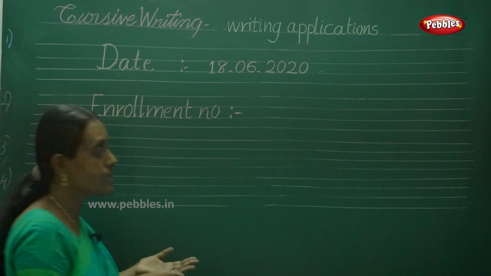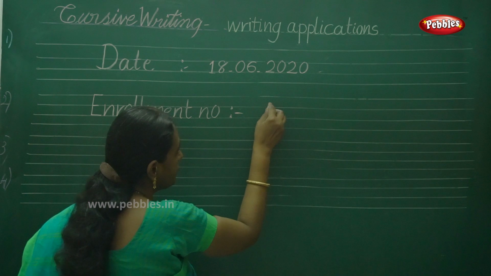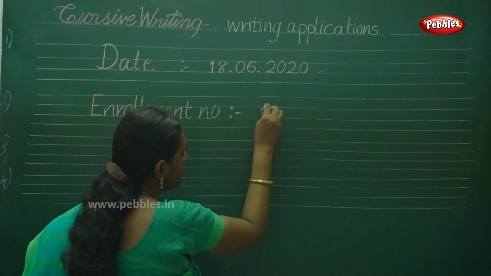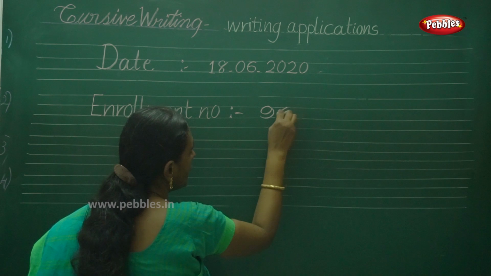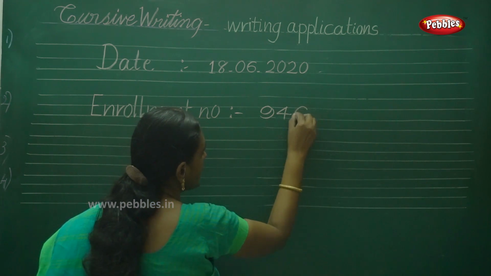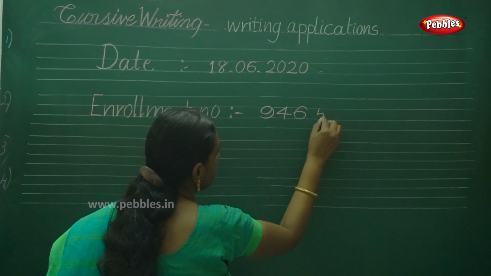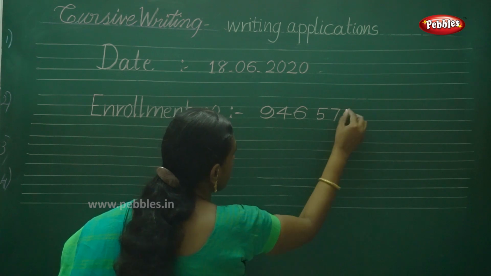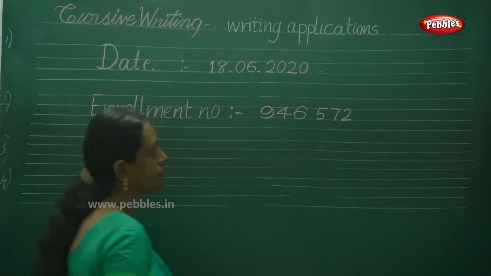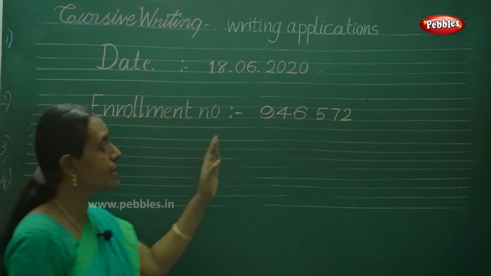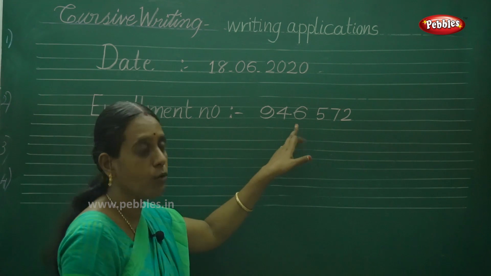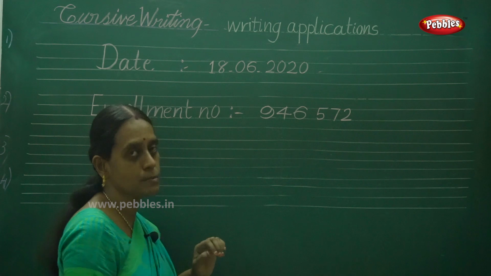Okay, you have a 6-digit number, anything, that is 9, okay, 4 and 6 and 5, 7, 2, anything. So make it clearly, avoid overlapping of numbers, and it should be legible.